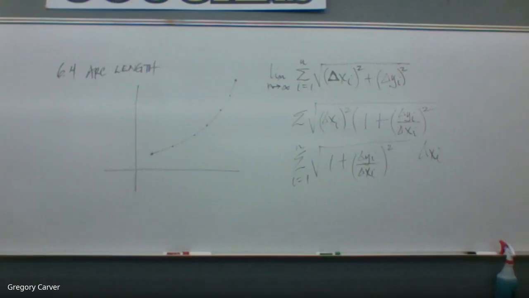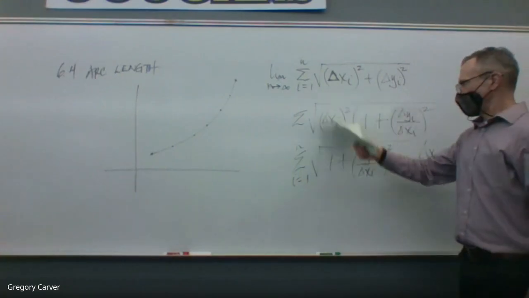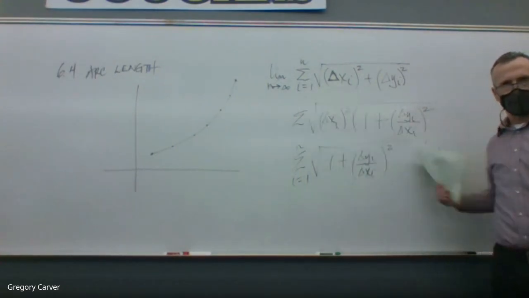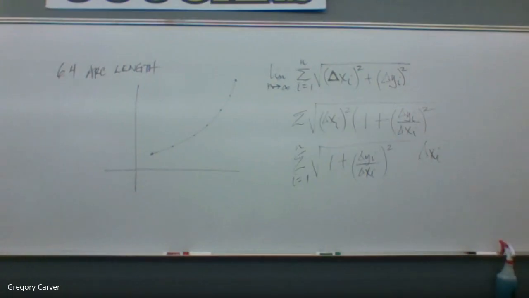Won't it? Hey, listen, the square root of a product is equal to the product of the square roots, ain't it? Say it one more time. The square root of a product is equal to the product of the square roots, right? So I could do this as the square root of this times the square root of that. Just take care of that. That comes outside. That's what you did back in the day with simplified radicals.